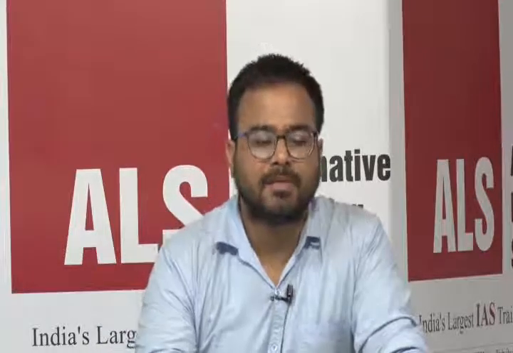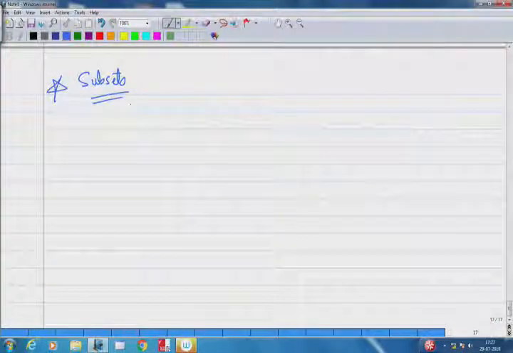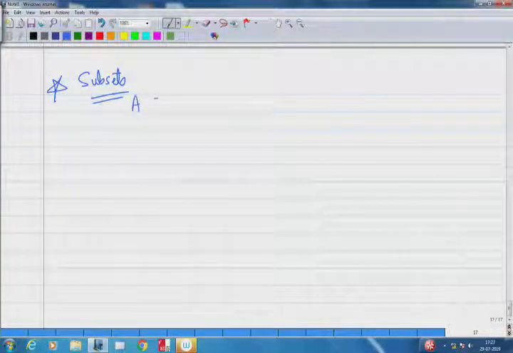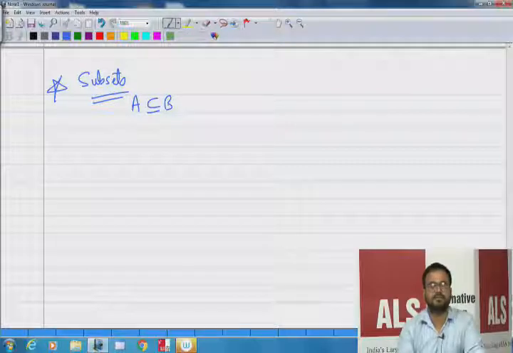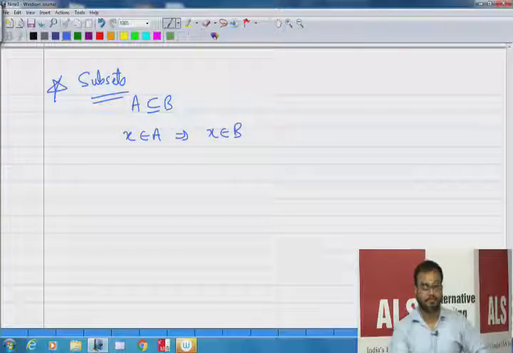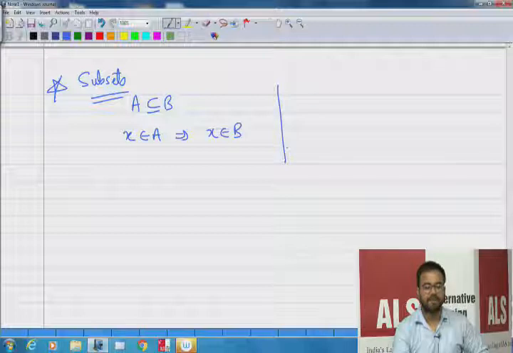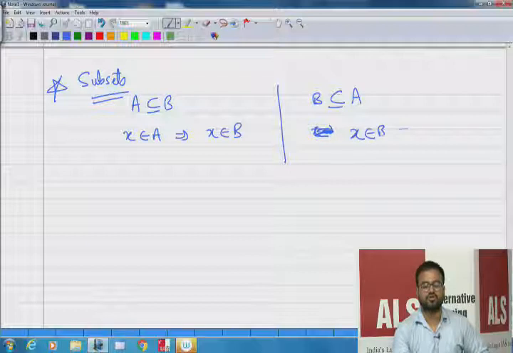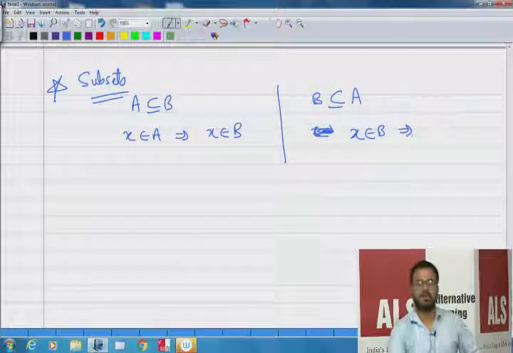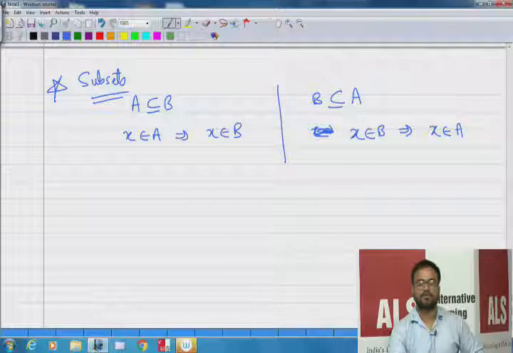So if you remember, when we were discussing subsets, if A is a subset of B, then if X belongs to A, it implies X belongs to B also, right? Similarly, if B is a subset of A, then if X is an element of B, we will say X is an element of A also.